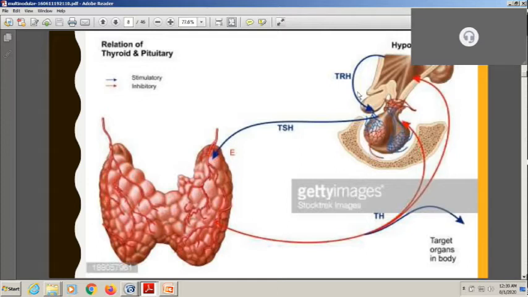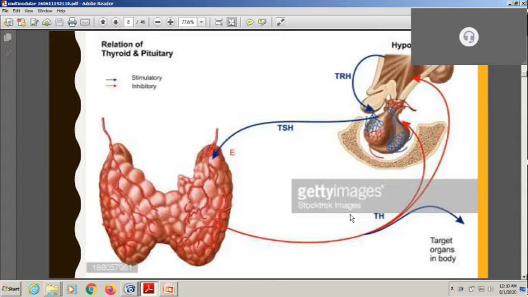If there is a decrease in T3, T4, the hypothalamus releases TRH. Now TRH will tell the anterior pituitary to release TSH. So from the anterior pituitary, TSH is released and it goes to the thyroid, which will secrete the thyroid hormones.